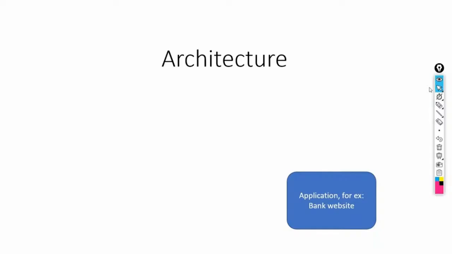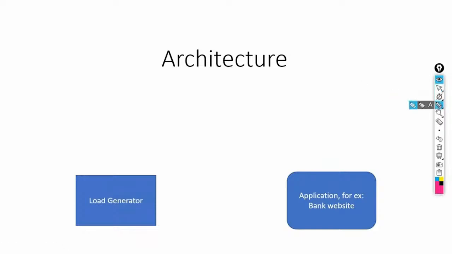That's the reason in the LoadRunner architecture, we have a component called load generator. The primary feature of this particular machine, these are also machines, is that it will generate or simulate the virtual users for us.